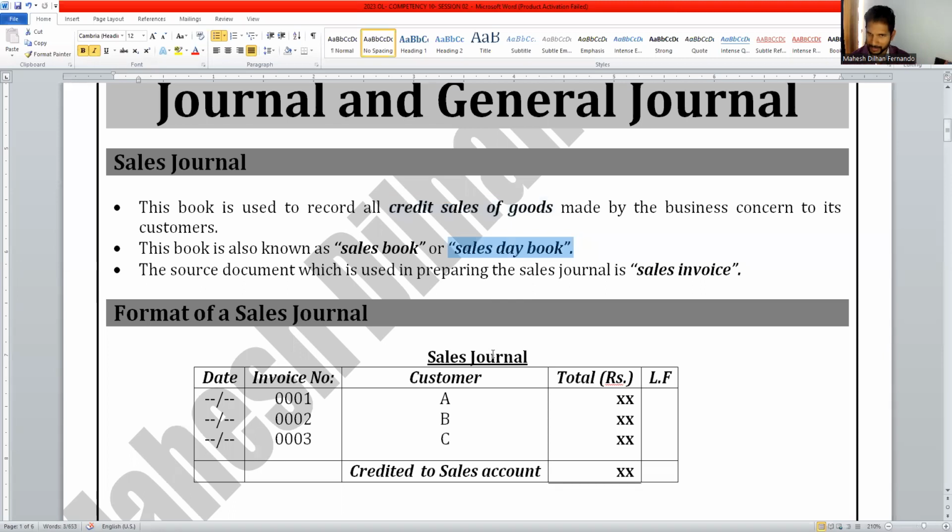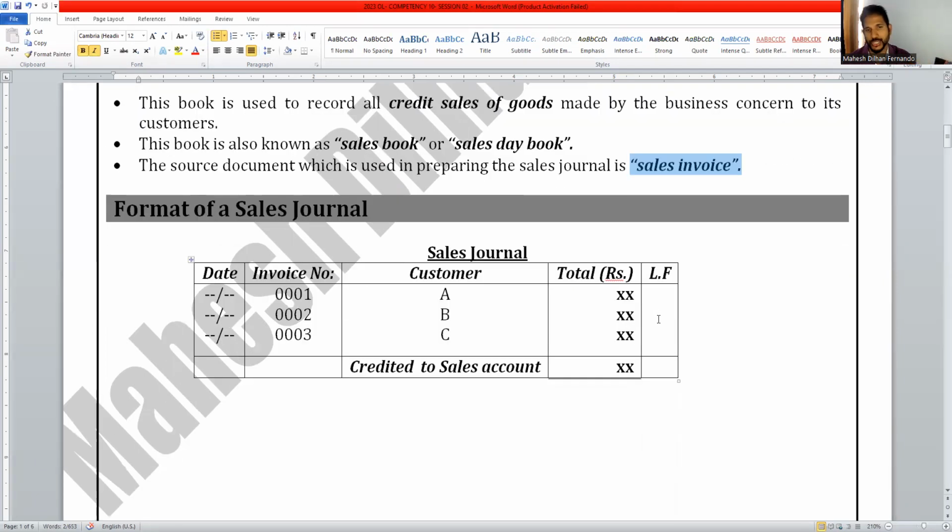The source document which is used in preparing the sales journal is the sales invoice. I want you to go through the previous week's recording because I have explained the invoices in detail. This is the format of a sales journal. Date is there, invoice number, but please make sure in the sales journal there is a certain order for the invoice numbers.